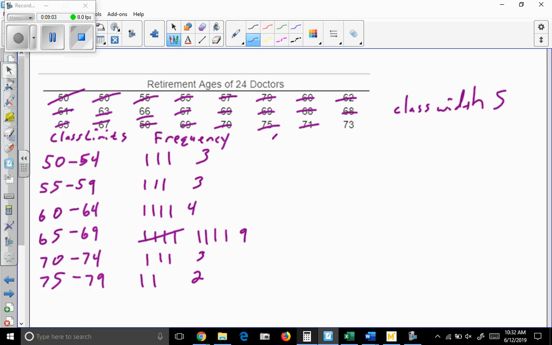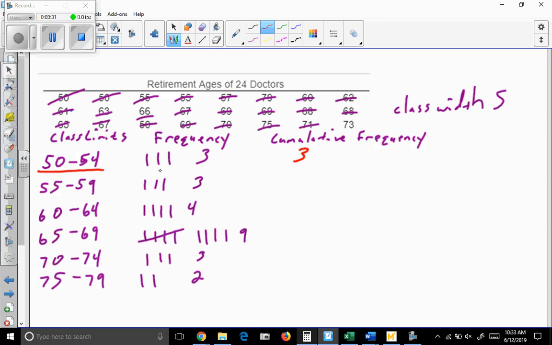Now the next question that we're asked for is the cumulative frequency. Remember, the cumulative frequency is how many pieces of data we have accumulated by the time we start at the bottom and get through each class. When we have finished the first class, we have a total of 3 pieces of data.